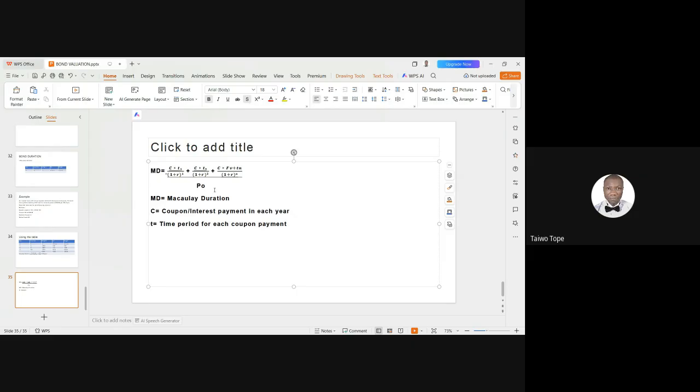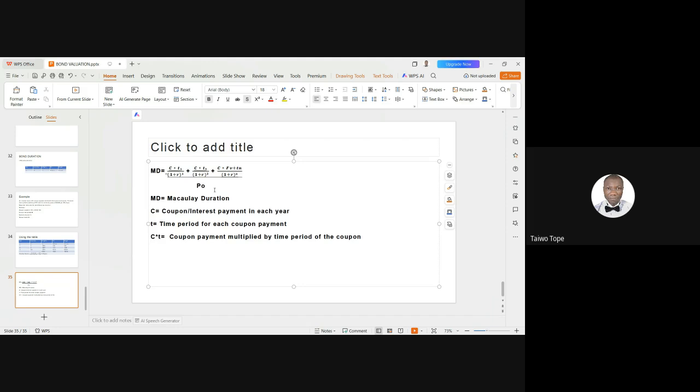We have this C multiplied by T. The definition can be coupon payments multiplied by the time period of the coupon.